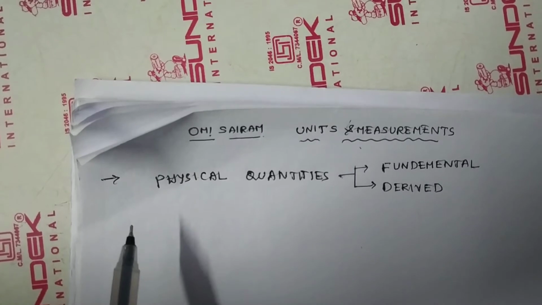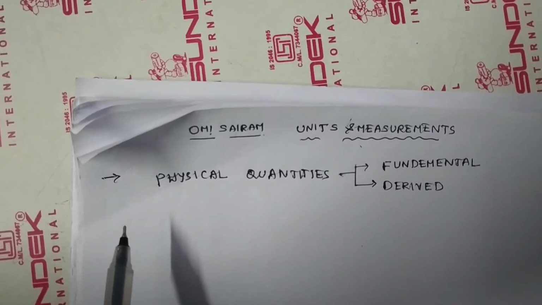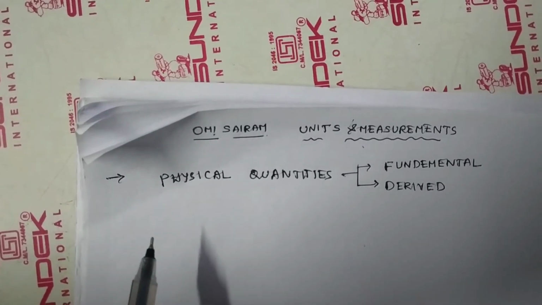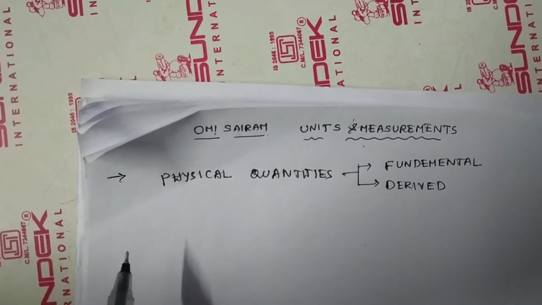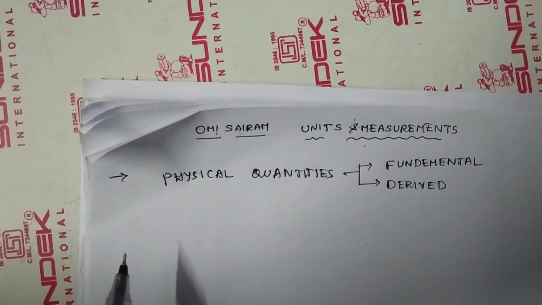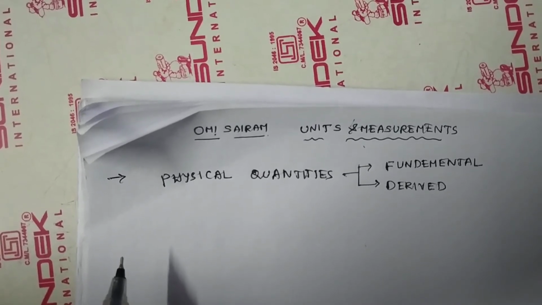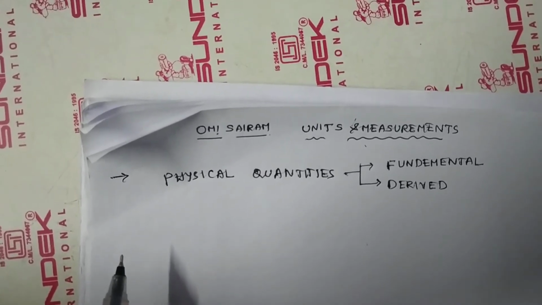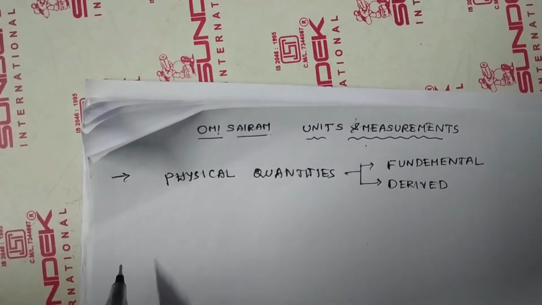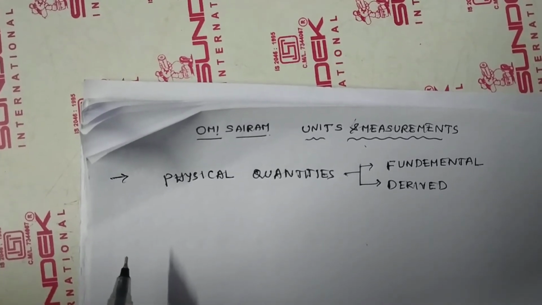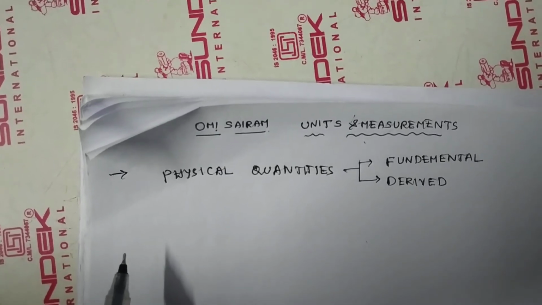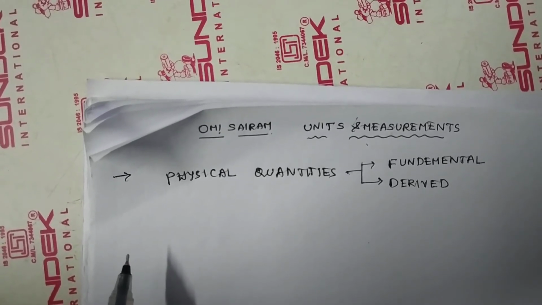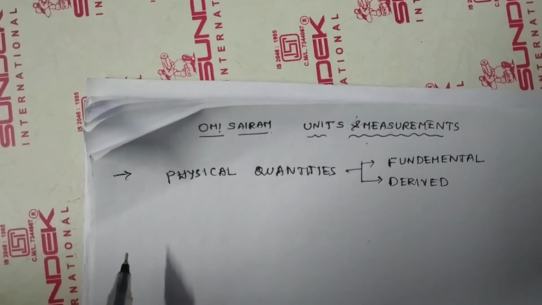So every time you discuss one numerical value, there is one unit. That means a physical quantity contains the number as well as the unit. The number and the unit are attached together. That's why the number is inversely proportional to the unit.